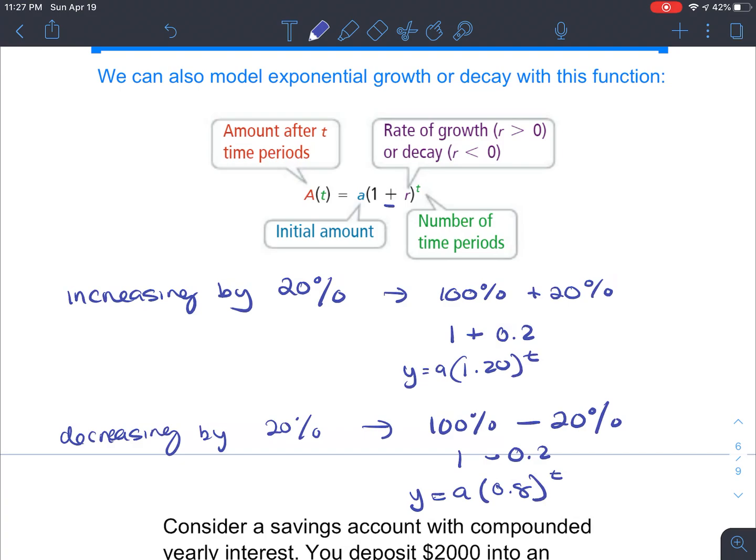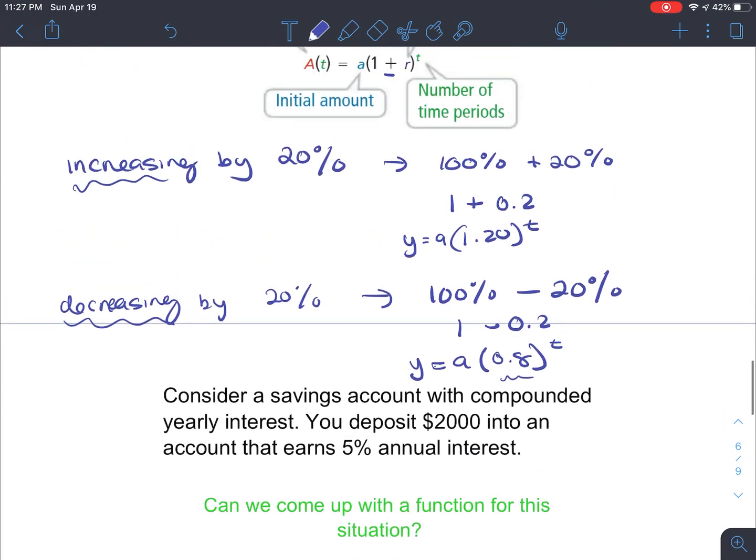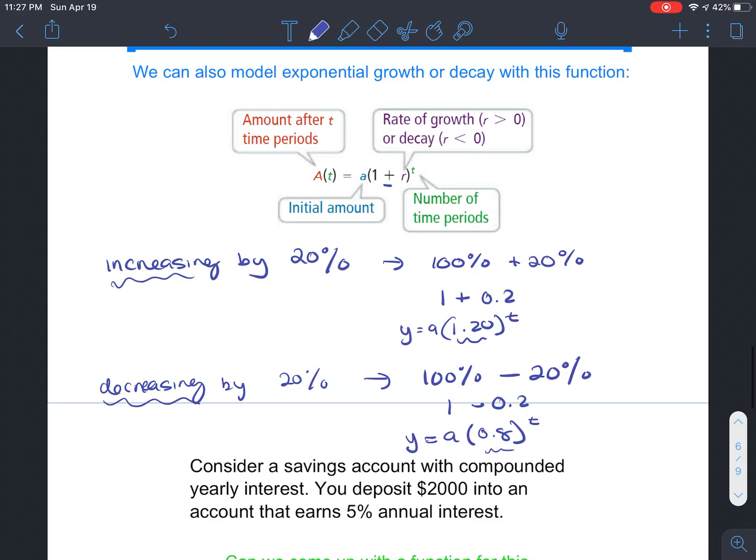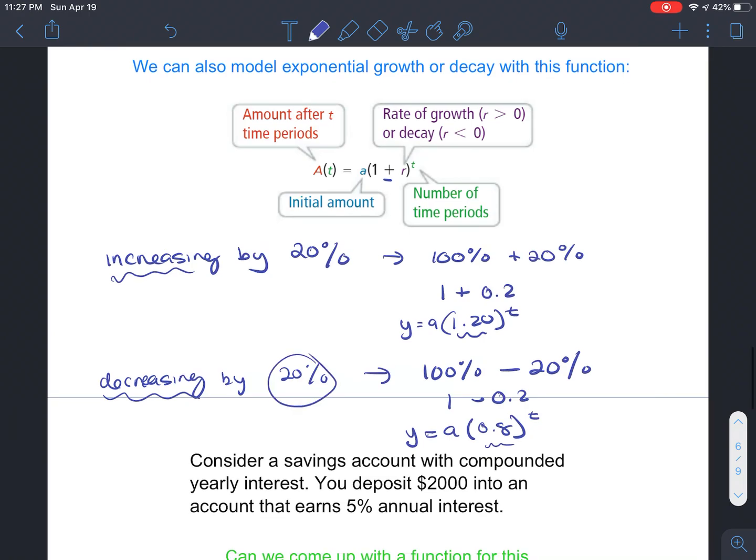Again, making the connection between decreasing and a number less than 1, increasing and a number greater than 1. So the percent change in both cases is 20, but if we're increasing, we're adding it to 1. If we are decreasing, we are subtracting it from 1.